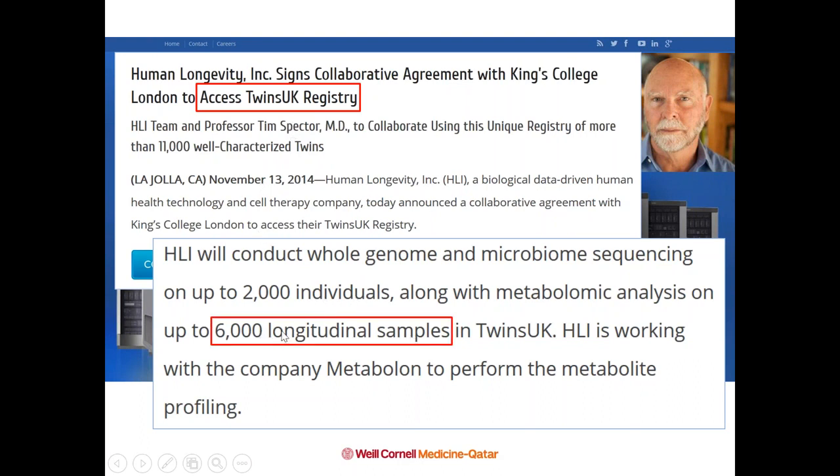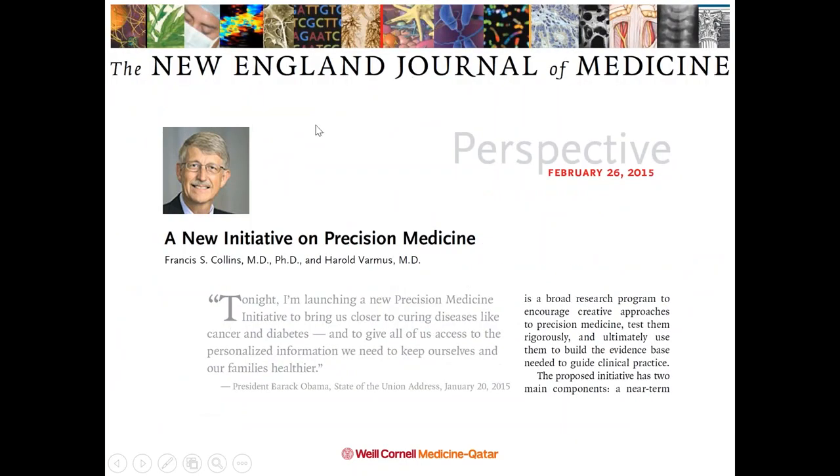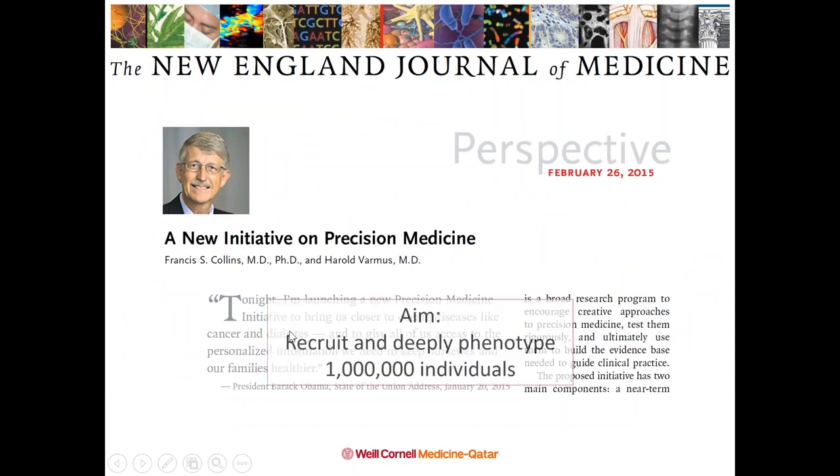And they will actually sequence 6,000 longitudinal samples from the Twins UK with Metabolon, that's the one we've been working with already. So he's actually picking up now on the GWAS and trying to translate this into a real application to human health. And then a similar approach is, of course, precision medicine.